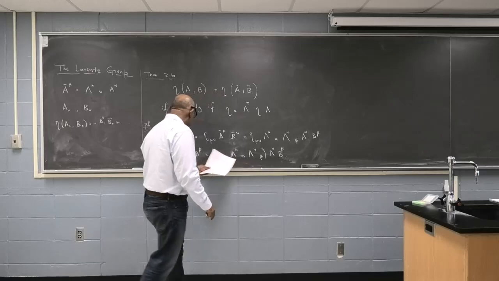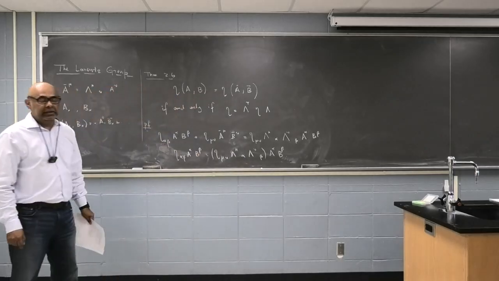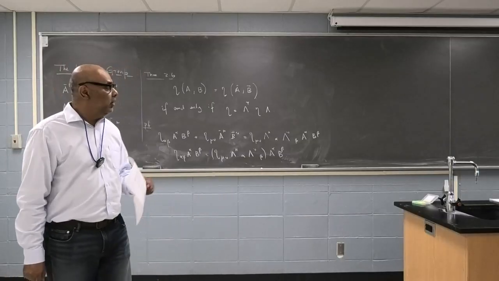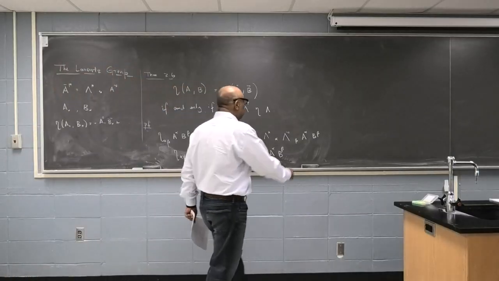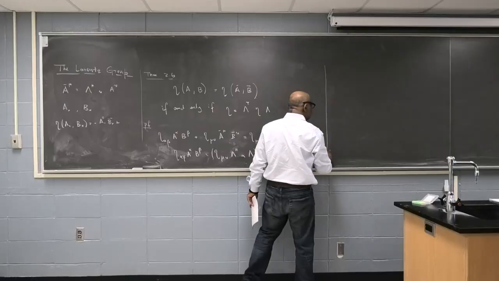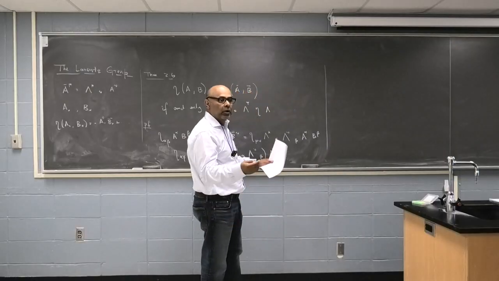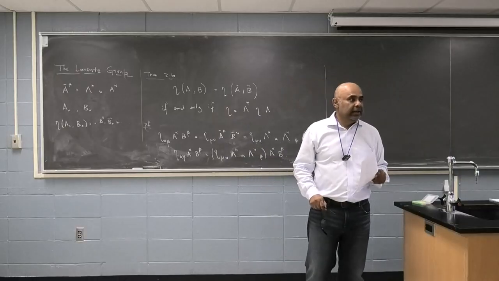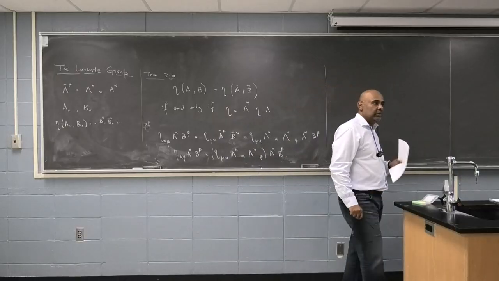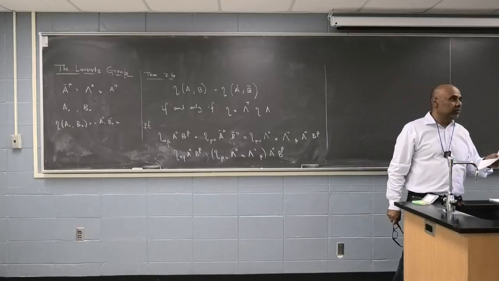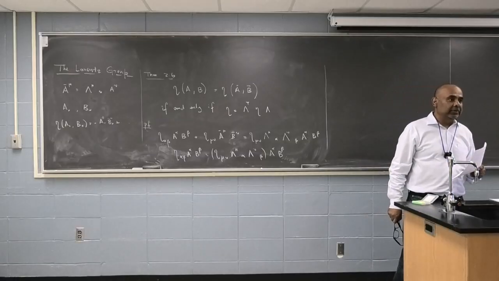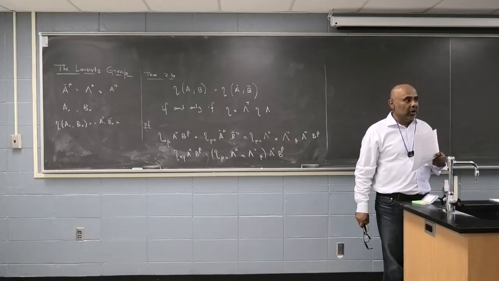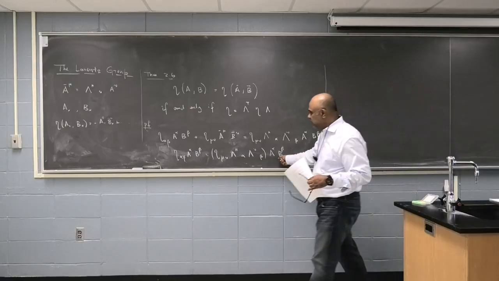This must be true for any alpha and any A and B. Any and all A and B. How is this possible? You can pick all combinations of A. You can pick A to be just 1, 0, 0, 0, and B to be 1, 0, 0, 0. And then you can pick A to be 1, 0, 0, 0, and B to be 0, 1, 0, 0.